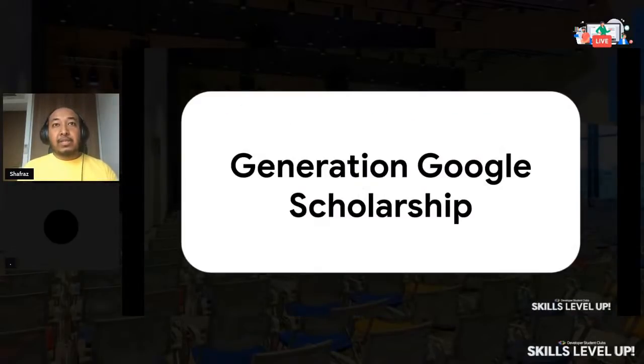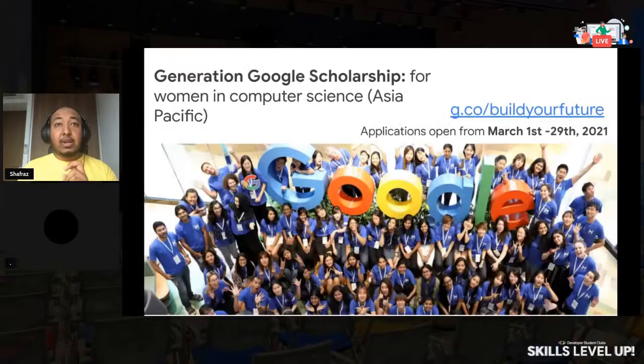All right, so this is the Generation Google Scholarship, which is an open scholarship for women in computer science. This scholarship aims to inspire and support year 1 and year 2 graduate students who identify as female in the field of computing and technology.